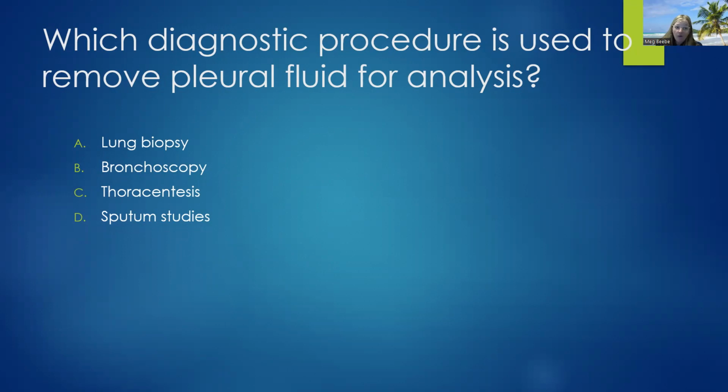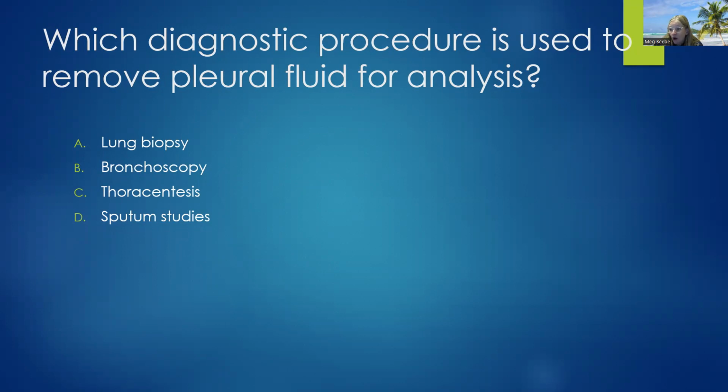But also remember, with the thoracentesis, once that is completed, you're going to want to assess their lung sounds. You're going to want to obtain a chest x-ray after the procedure, or any invasive type lung procedure where a needle's involved, to ensure that there's no pneumothorax of any kind.